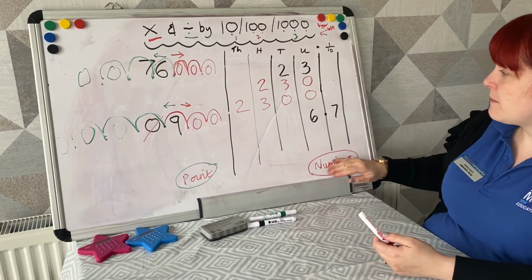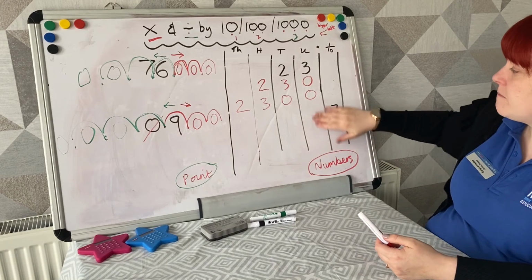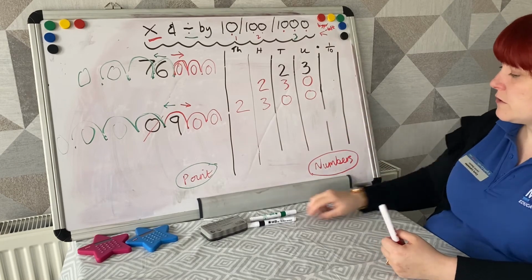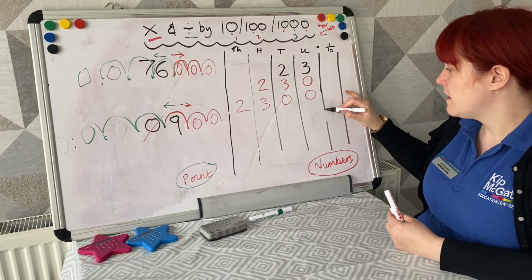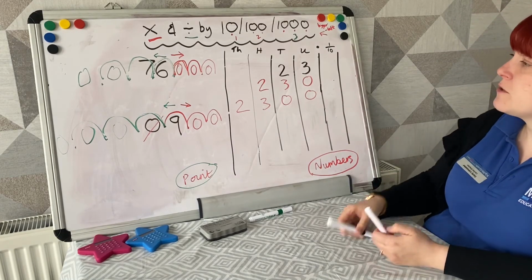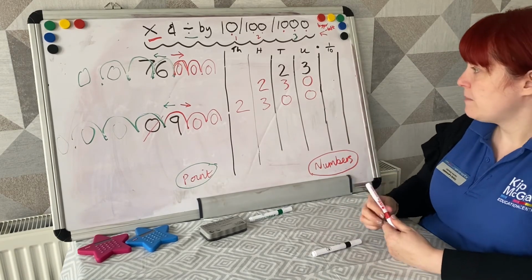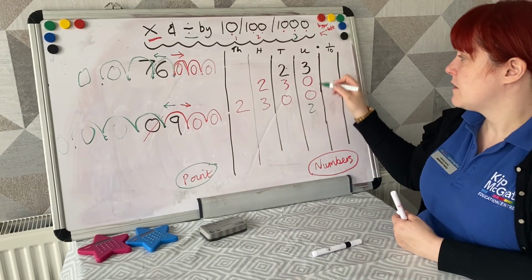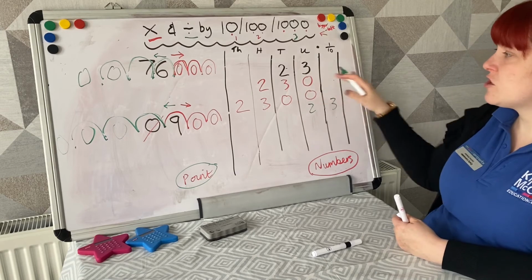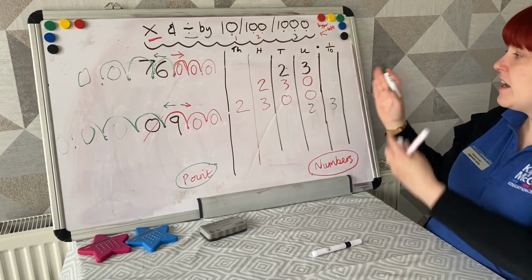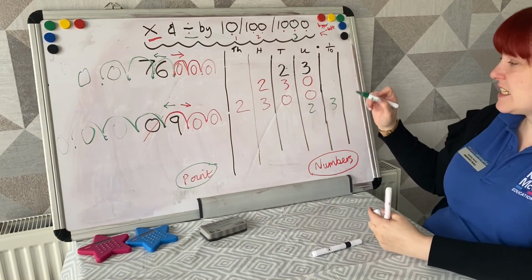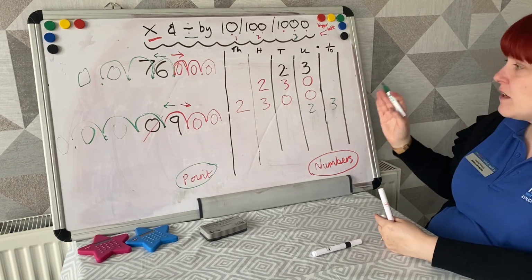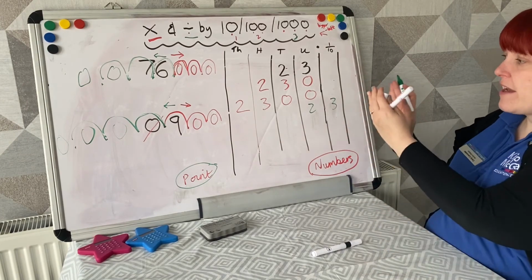Okay, if for example on that one we were dividing, just find a little bit more room if I can. So we're dividing by 10, so everything's moving the other way. So we'll divide by 10, we're going to move everything down one. So that one's going to move to here, 3 is going to move to here. So nothing changes order, there's no extra gaps, there's nothing like that. The numbers are just shuffling and zeros fill any gaps that we leave when we move them, but we move everything together.